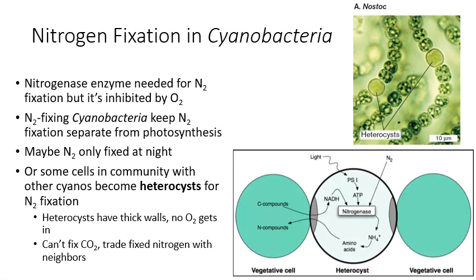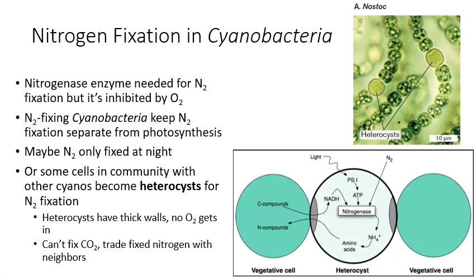The cell walls are thick enough that oxygen actually cannot get through them. So even though all the cells around this heterocyst are producing oxygen, the heterocyst itself does not have oxygen inside of it. So it's not going to be able to do the oxygenic photosynthesis either. It needs to not have oxygen inside of it.